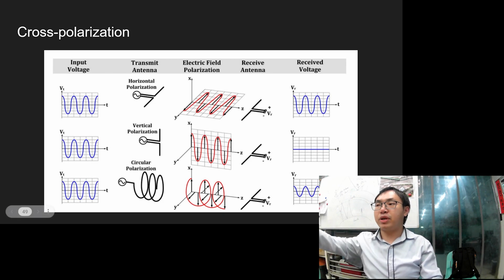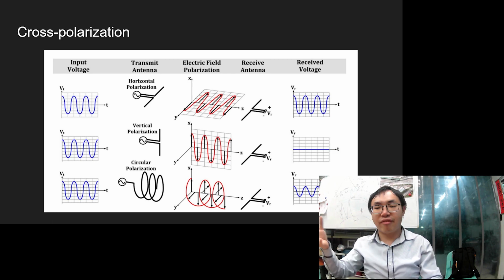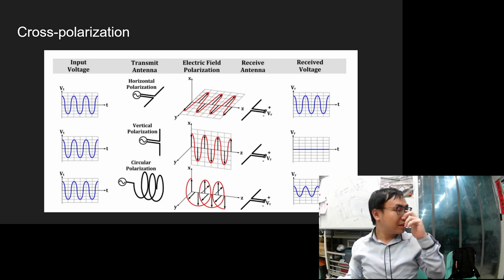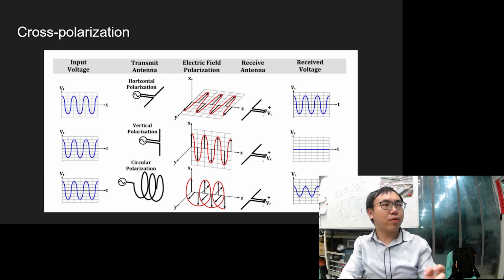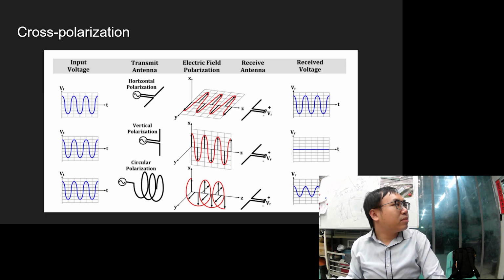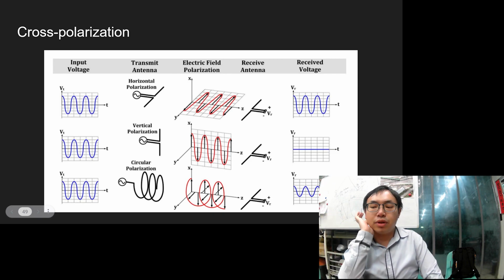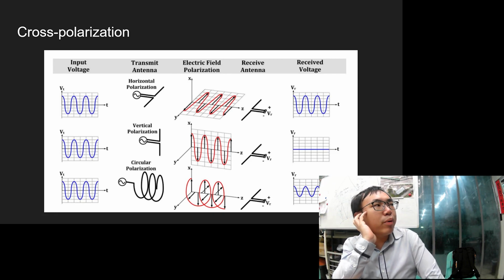And why do I have to include circular polarization here? Because circular polarization is commonly used. How common? You see that all the antennas are straight lines, right? How come I say that circular polarization is common? Like if you are controlling drones, especially first-person view drones, you will see that the antennas on the goggles are using circular polarization, which makes a very short antenna that can deliver or receive a very strong signal.